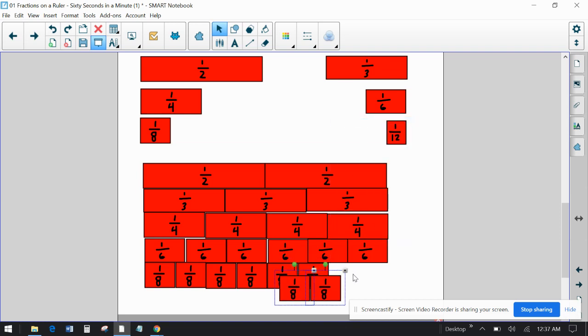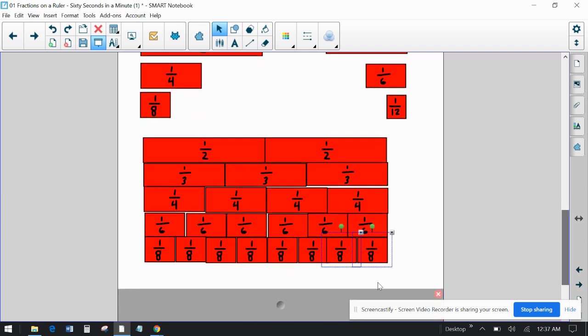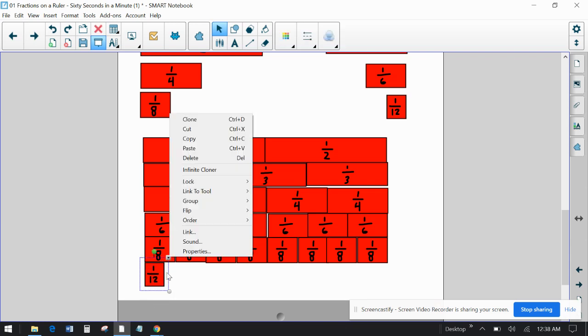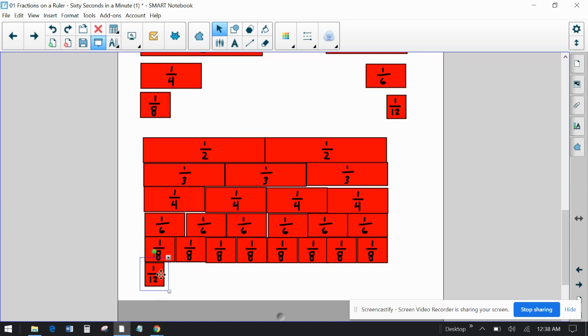And the last one was one that we didn't really show up there, but each inch was equivalent to a 12th, right? Every single inch was a 12th. And the 12ths are actually, oops, the 12ths are actually half of a 6th.